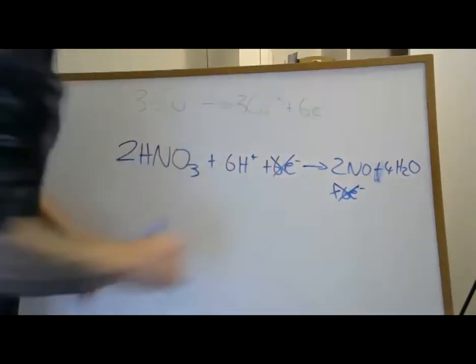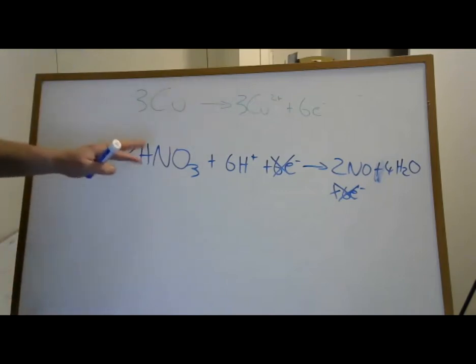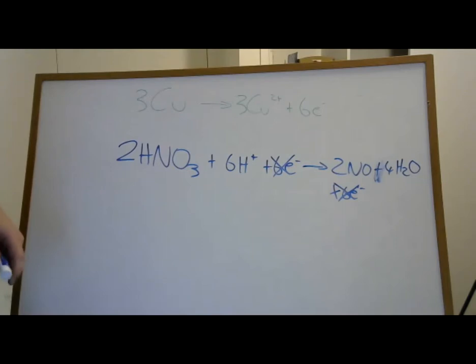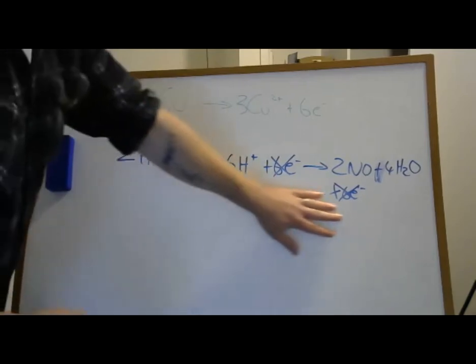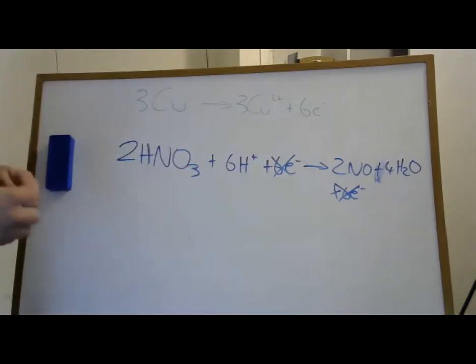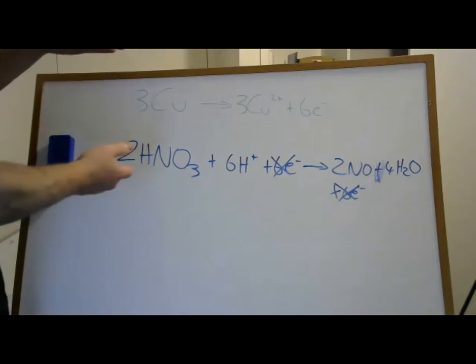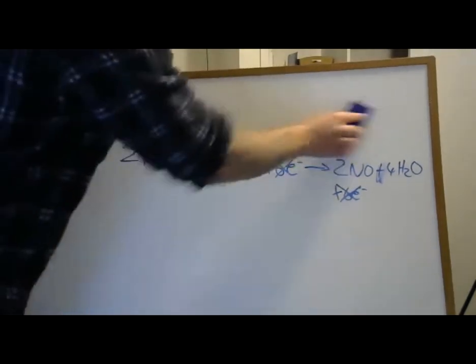So we would then need to combine all of this together. Both of these have 6 electrons. We cancel those out. So the final answer of balancing everything, we need to then recombine the oxidation and the reduction reactions.